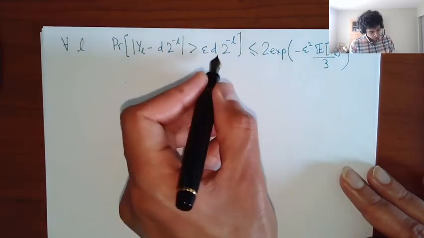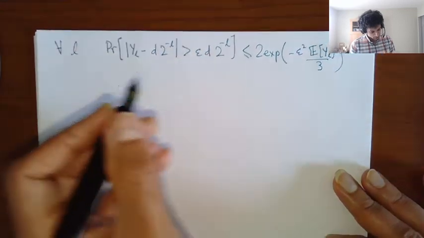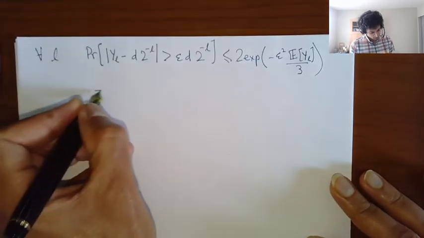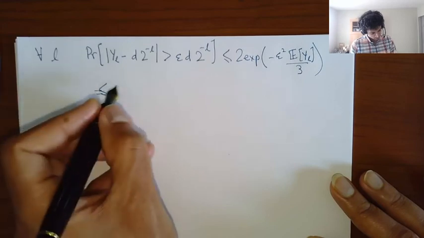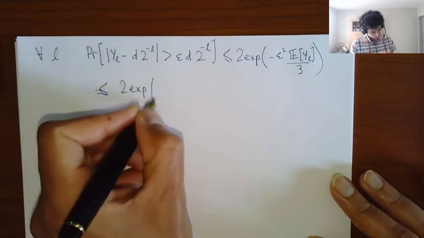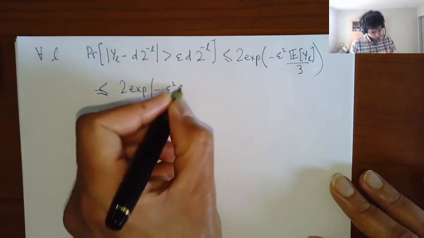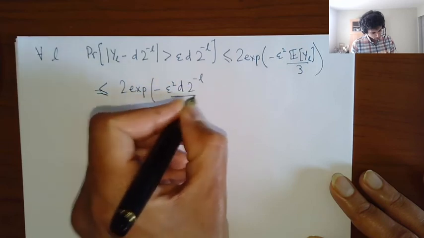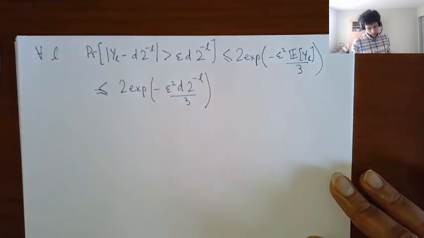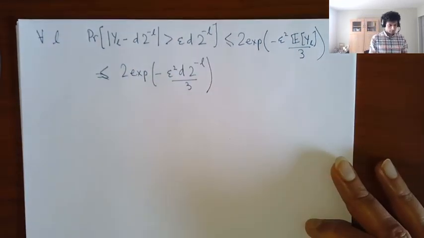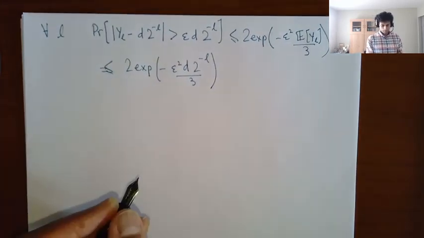But the expectation of Y_L is precisely d times 2 to the minus L, and so this is at most 2e to the minus epsilon squared d times 2 to the minus L divided by 3. Okay.